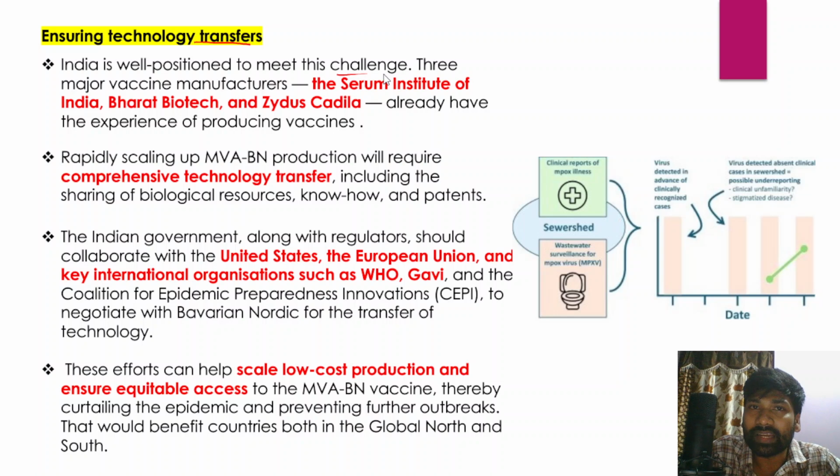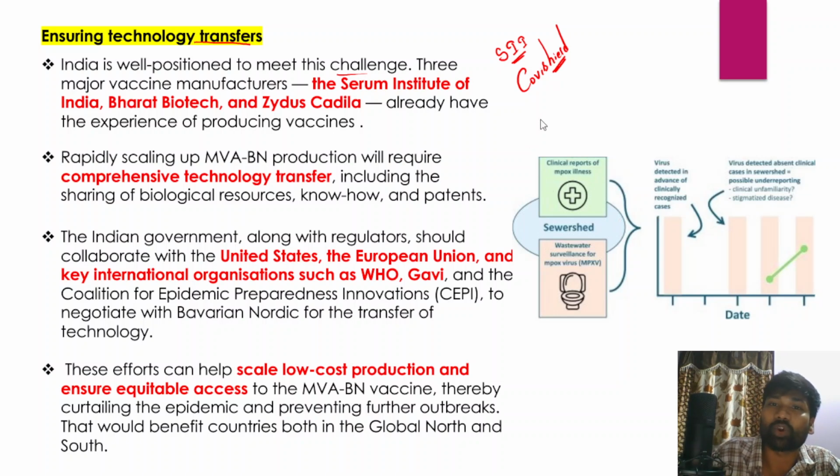However, in India, we do have three major vaccine manufacturers. They are the Serum Institute of India, which played a very important role during the COVID-19 pandemic, as it produced a vaccine called Covishield, right? We all know about this Covishield vaccine, which was manufactured by the Serum Institute of India, and Bharat Biotech also produced another vaccine called Covaxin.